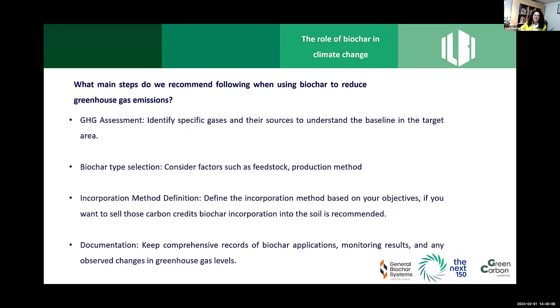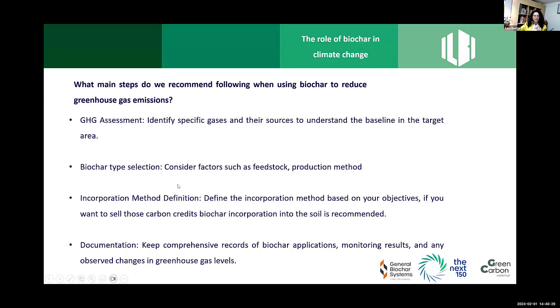Also, select the biochar that we want. It is really important to consider the feedstock and the production methods, because those characteristics will also influence the H/C ratio. I'm talking about the hydrogen to organic carbon ratio.